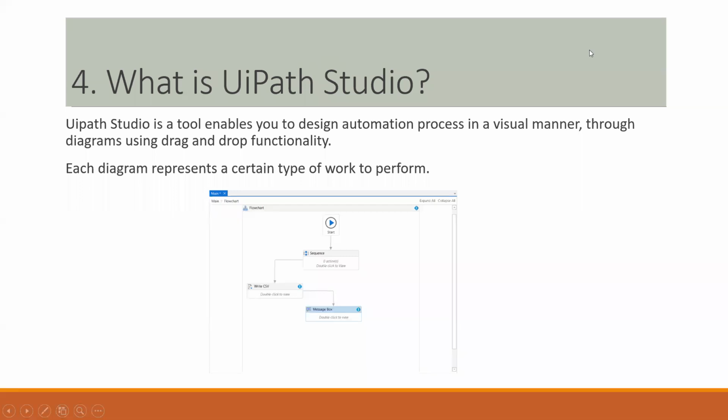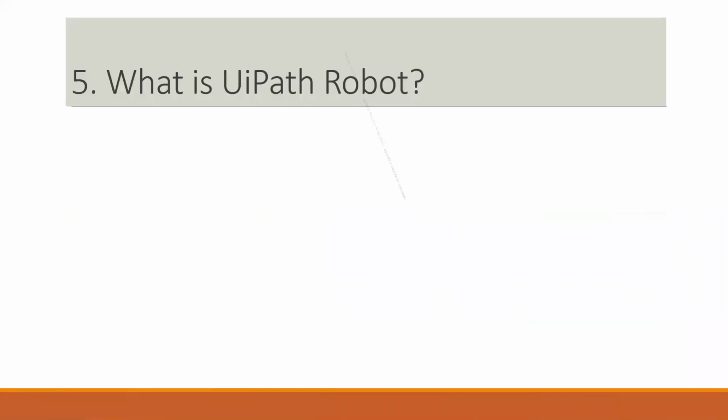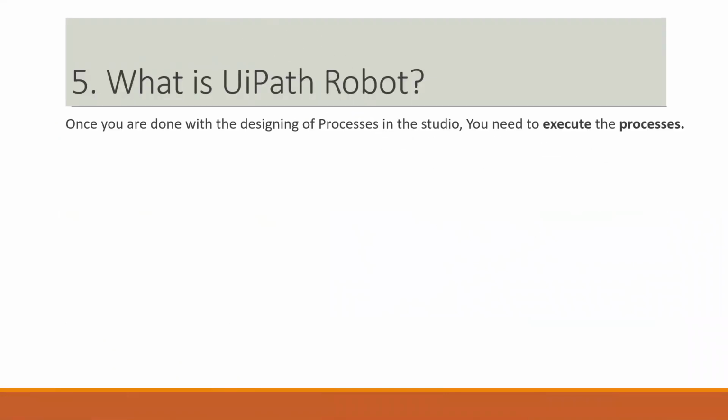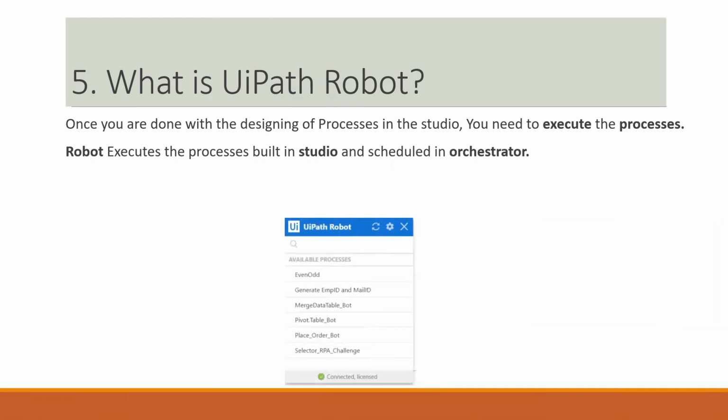Now I'm going to tell you what is UiPath Robot. Once you are done with the designing of the process in the studio, you need to execute the process. Robot executes the process built in Studio and scheduled in Orchestrator. This is how the UiPath robot looks like.